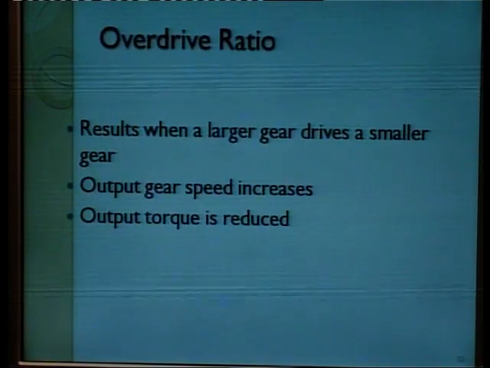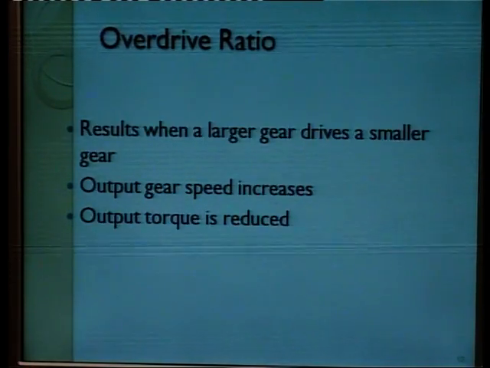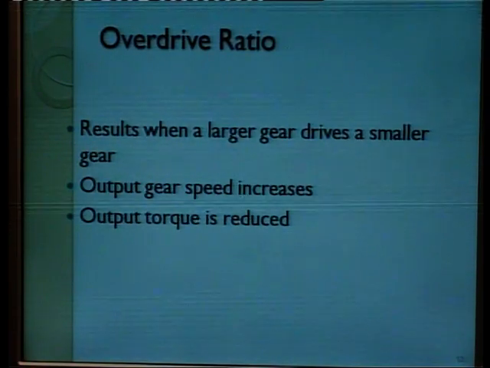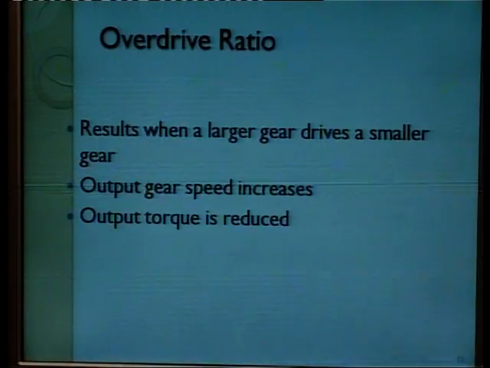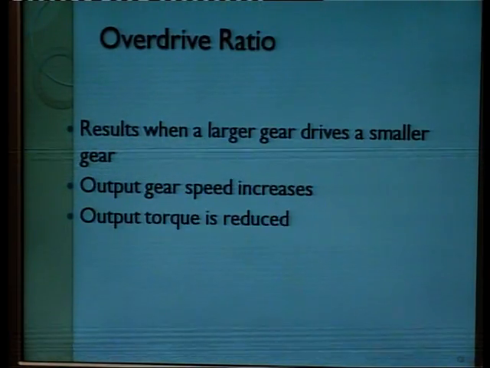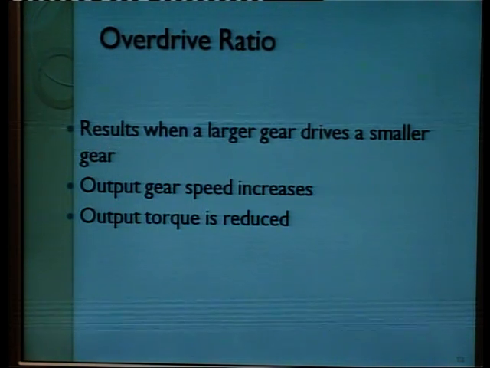And there is another term used in automobiles, that is overdrive ratio. It is a condition when the gearbox is giving RPM larger than the engine RPM. That means the output RPM is more than the engine RPM.